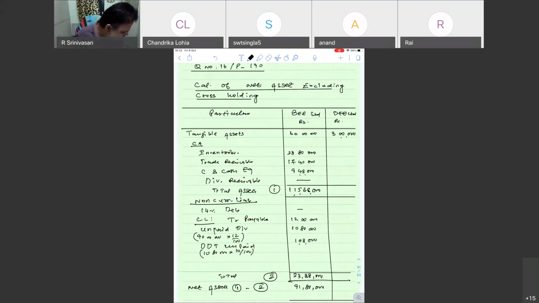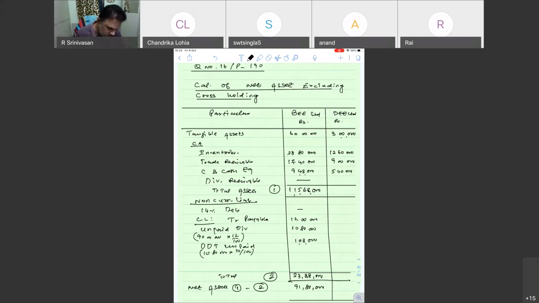And inventory is 12 lakh 60,000. Trade receivables are 9 lakhs. And the cash and cash equivalents 5 lakh 40,000.